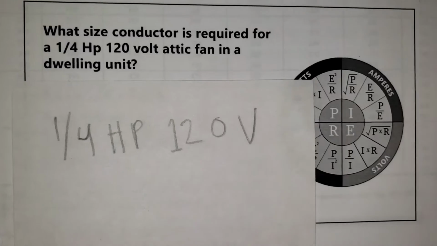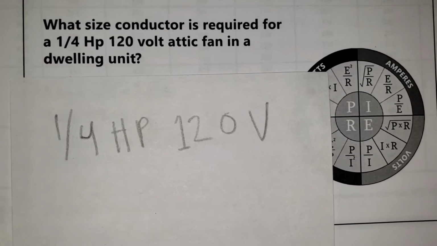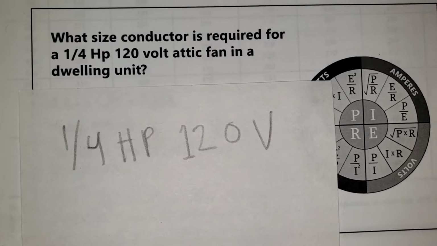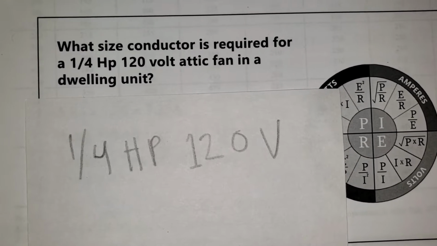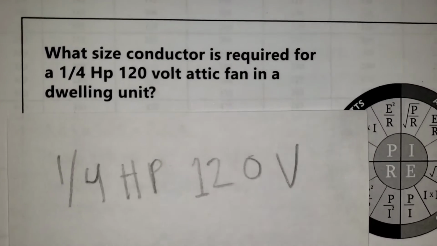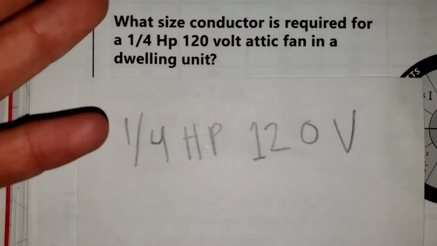5.8. Okay? And now, because heating, air conditioning, and lighting, other than dwelling units and motors, are considered continuous duty, we add 25%. So obviously, this is a motor. So motors, we add 25%.